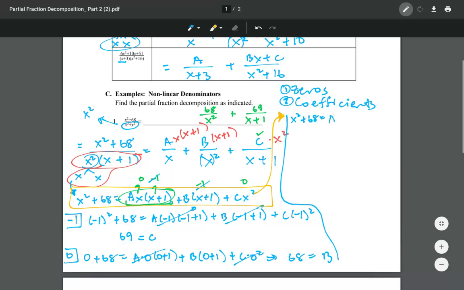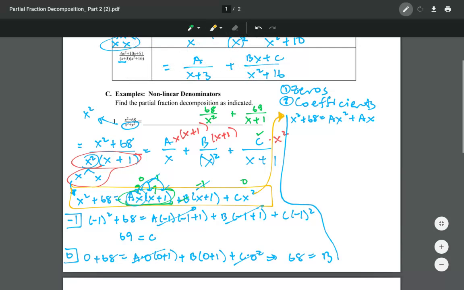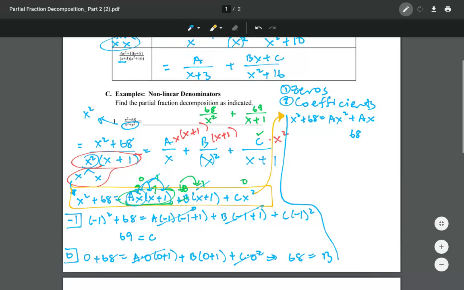I don't know what A is, but I'm going to distribute my Ax. So Ax times x is Ax squared. Ax times 1 is plus Ax. B, I can replace B with 68. So I'm going to distribute that 68 through. 68 times x, so I get 68x plus 68. I forgot my x there.